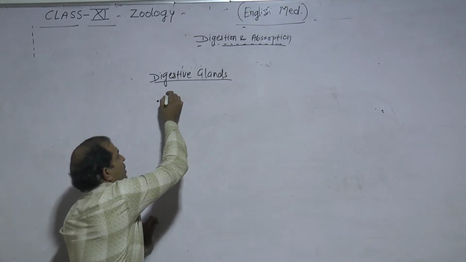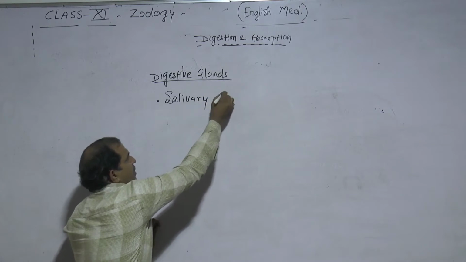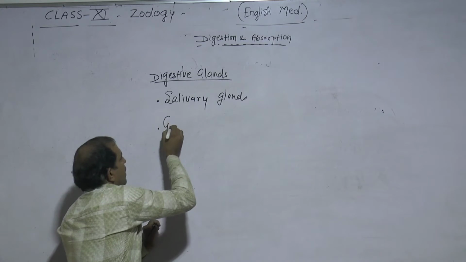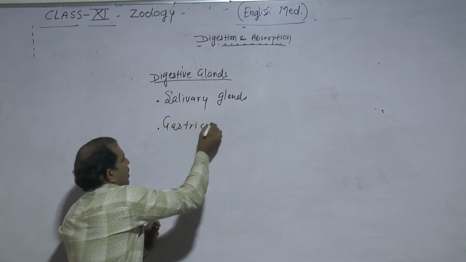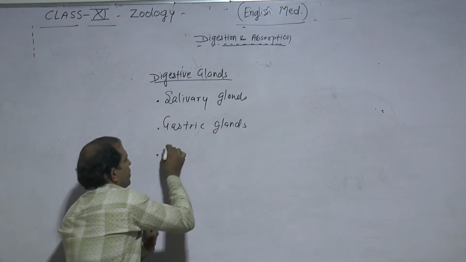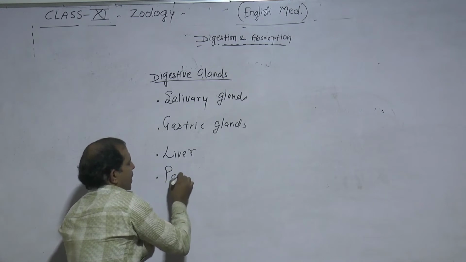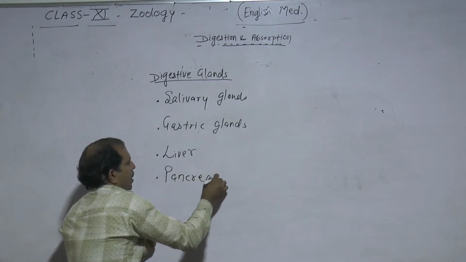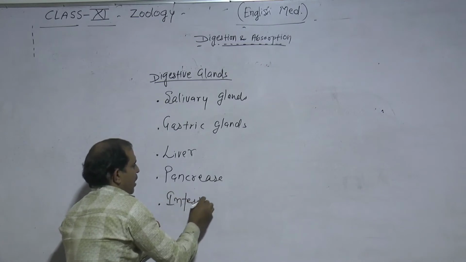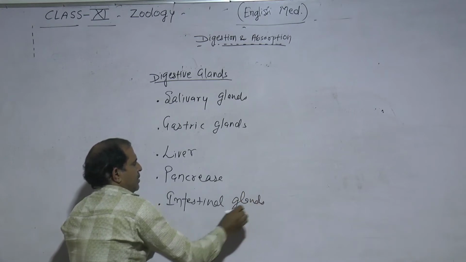For example, salivary glands, second gastric glands, third one liver, pancreas and intestinal glands.